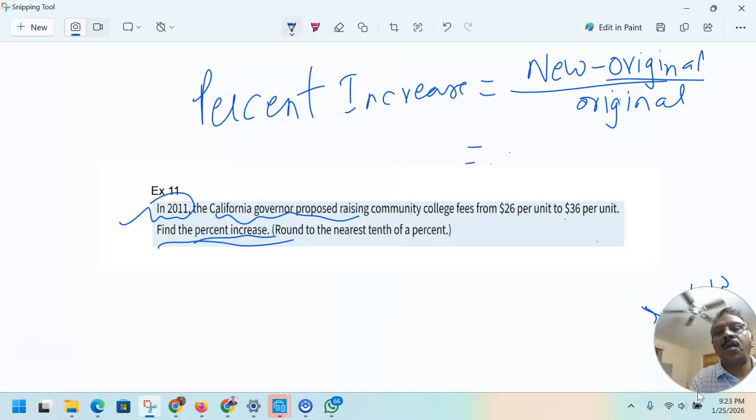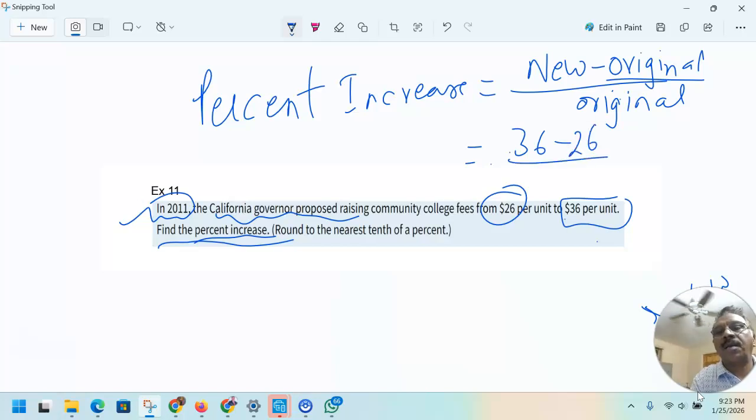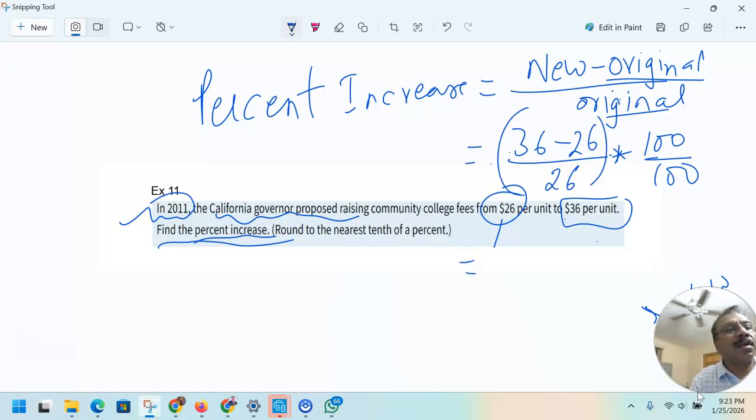So the new one is this one, see? It is 36, and the old one was 26, and you divide by the original. So this goes down here. And then you multiply by 100, remember 100% means multiplying by 100 over 100. You do this piece first.